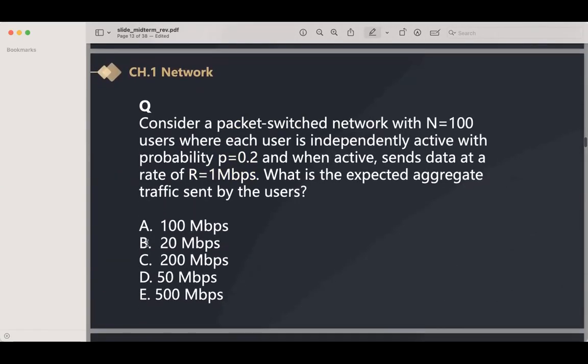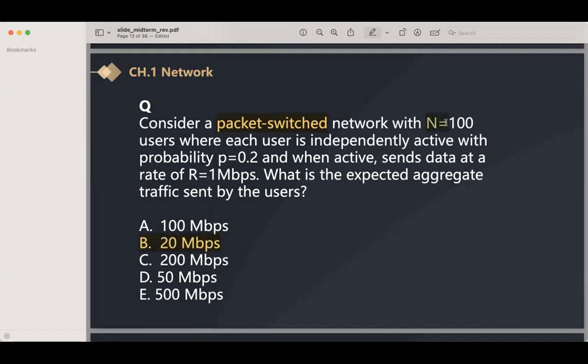And we come to another question. All the parameters are the same, but we use the packet switch network. So what's the answer right now? Yeah, so I see you have the correct answer.